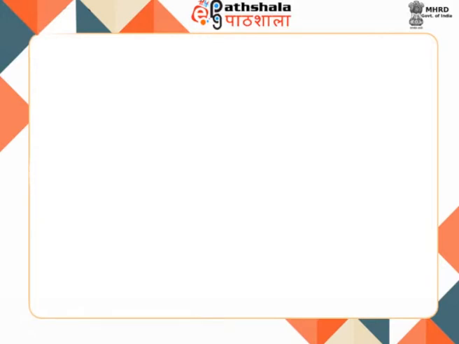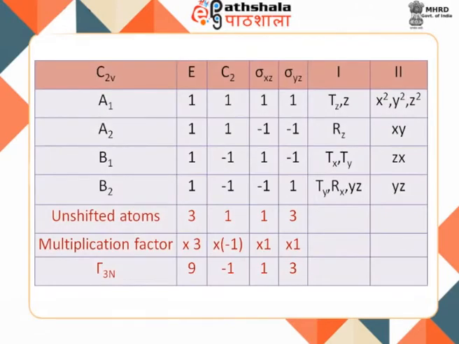As we already know, the water molecule belongs to the C2v point group, therefore the character table together with tau 3n for the C2v point group is as given in the table.